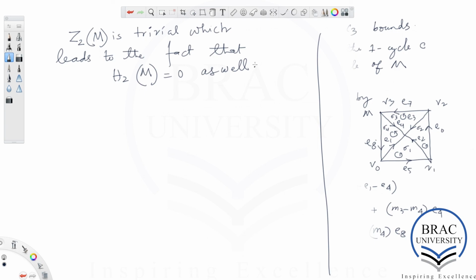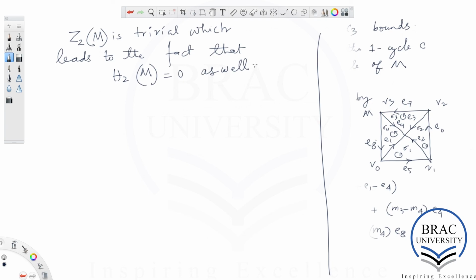Using the results of the respective examples, one also finds that the homology groups are the same in the two cases, which is expected, right? This validates the fact to be proved in the second course of algebraic topology too, that the homology groups of a complex depend only on the underlying space. Okay, so the underlying space in both the cases was a square.